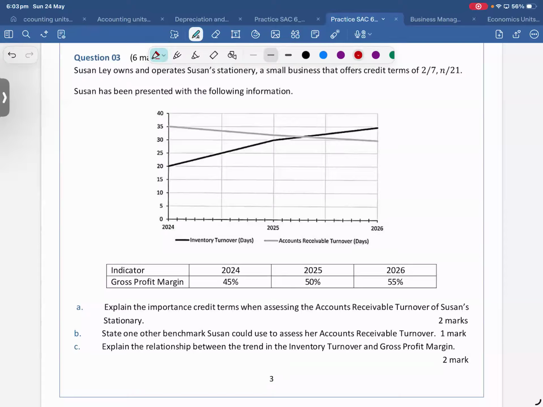Markup. If you compare gross profit with the net sales, we call it margin. If you compare gross profit with the COGS or cost of sales, we call it markup. So wherever you come across margin, we are comparing it with net sales.